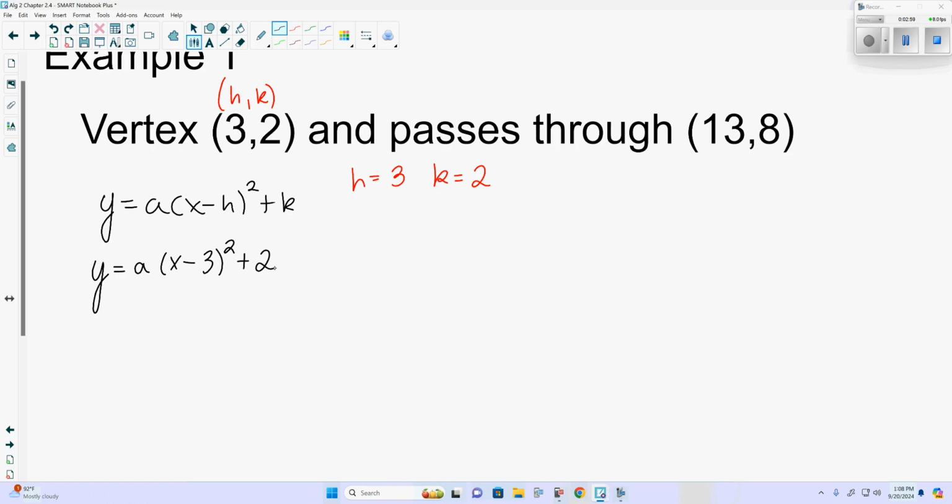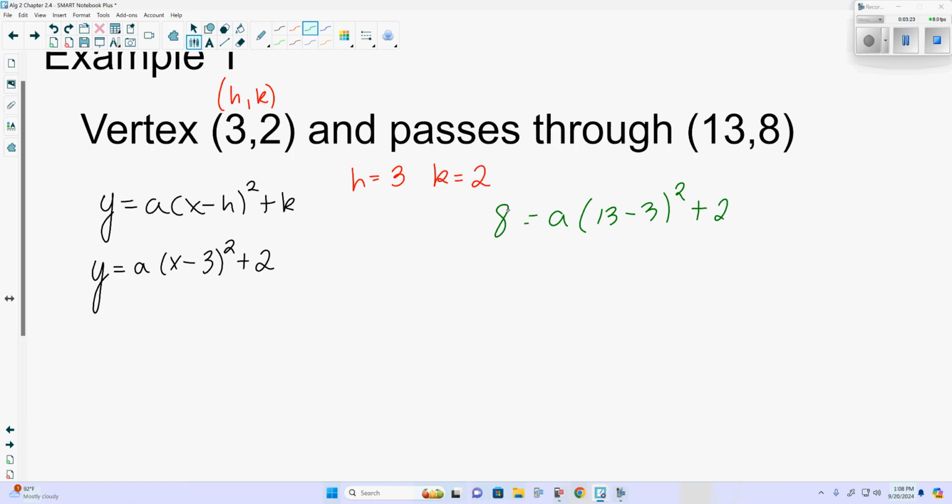What we do know about a point on a parabola is that if I plug 13 in for x, 13 minus 3, square it, multiply it by the value of a, and then add 2 to it, we should get 8.